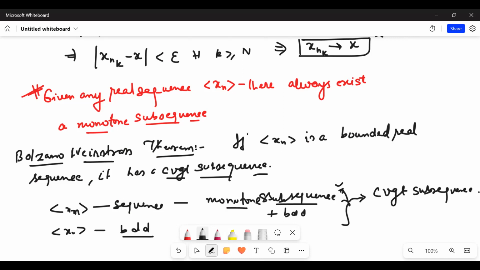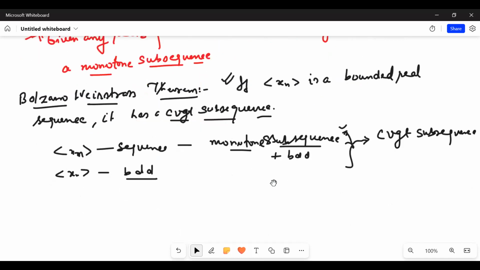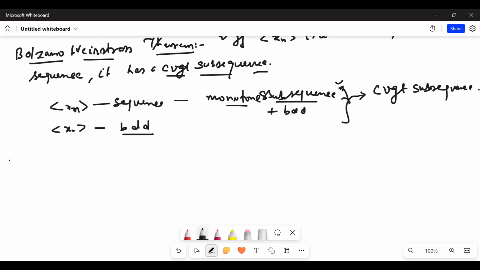So always remember that if xn is any real sequence and you find that it is bounded, then it will always have a convergent subsequence.